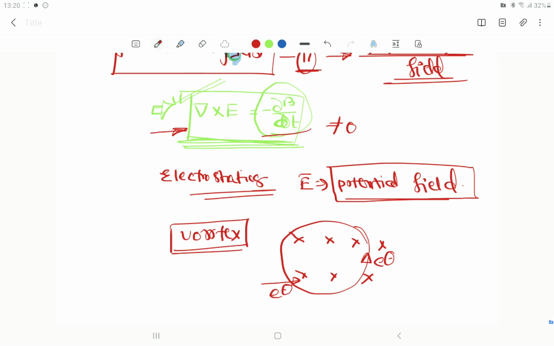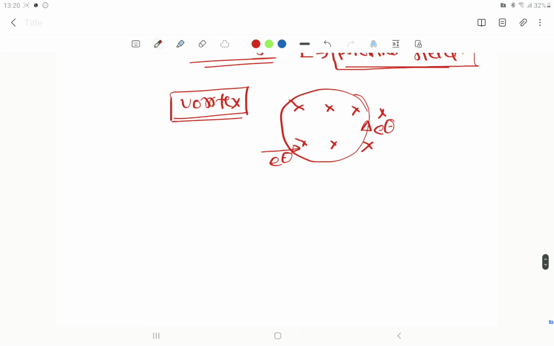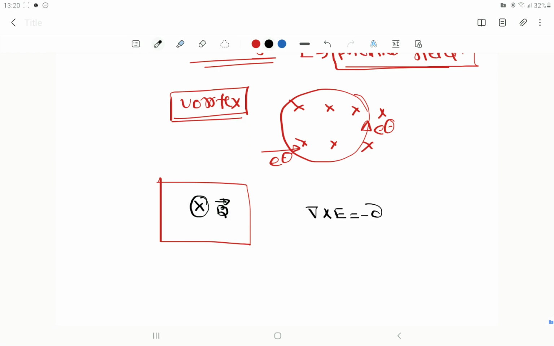Now we are seeing the same effect here. What are we saying actually? We are saying that this varying magnetic field generates an electric field, which is determined by this equation, minus dB by dt.